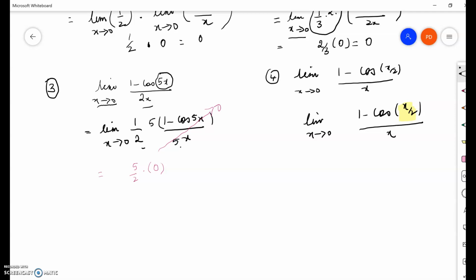How I get that is dividing x by 2 and multiplying x by 2. So now let's look at this. Limit as x approaches 0, all this approaches 0. So I have 2 in the denominator, so that's a constant. So half times 0, which is equal to 0.